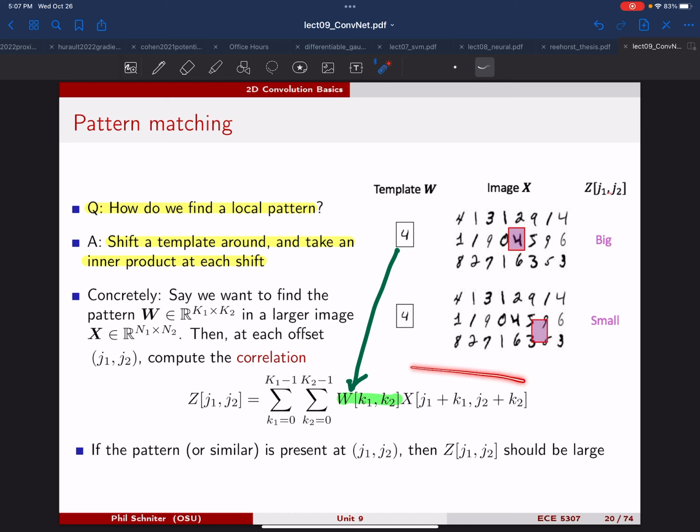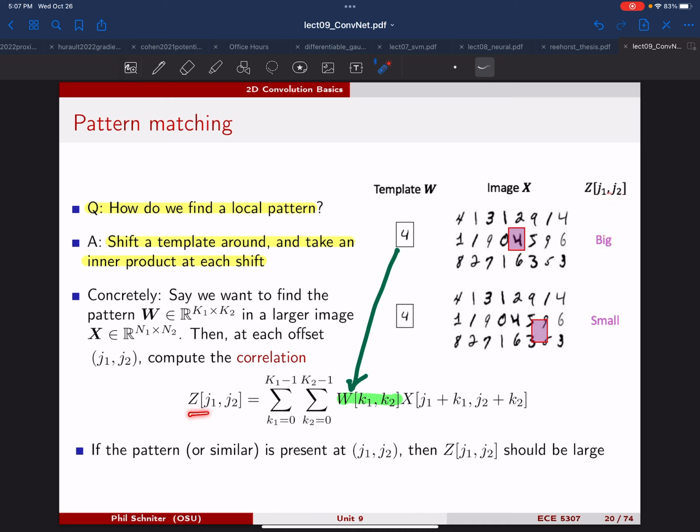And this is how we would do this pattern match. As you can see, this is the anchor within the image, and then this is the deviation from that anchor, K1 deviation vertically, K2 horizontally. For every one of these little offsets, we do this multiplication, and finally we sum up all the values, and we get one scalar number at that location.